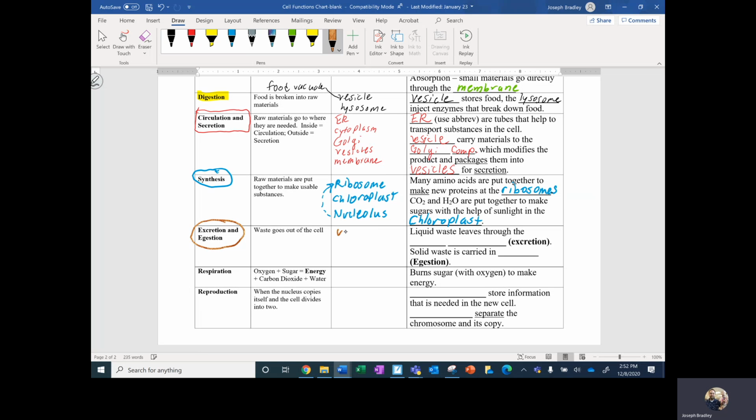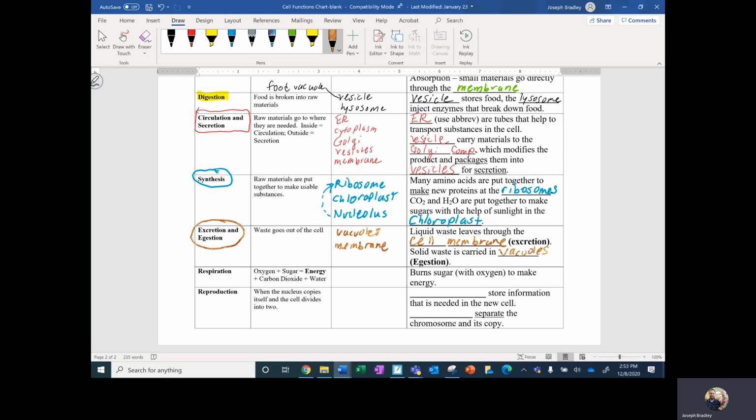So this is going to be vacuoles and the membrane. Liquid waste leaves through the cell membrane, so it's going to pass directly through. Solid waste is carried in vacuoles.